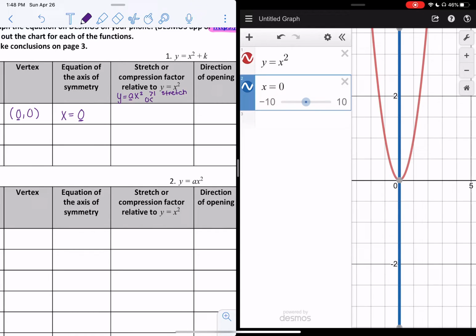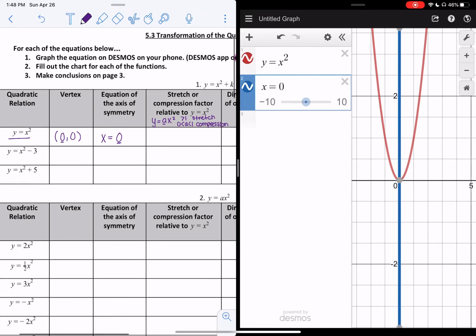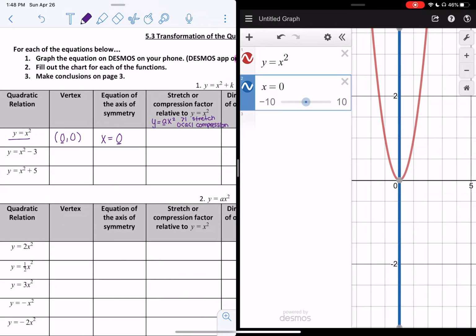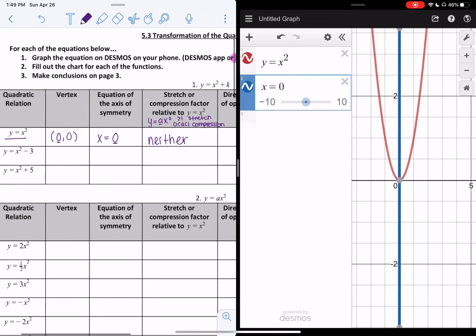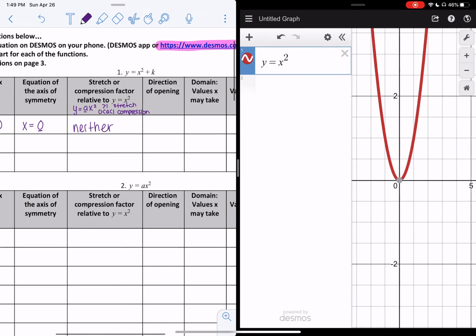If it's in between 0 and 1, we have a compression. In this case, I have y equals x squared, so I don't have a number in front of that x, so I can just write neither. Next, my direction of opening: it's a happy parabola, and the opening is up.